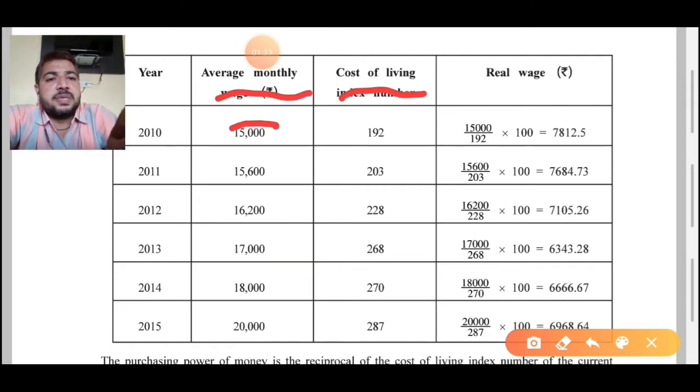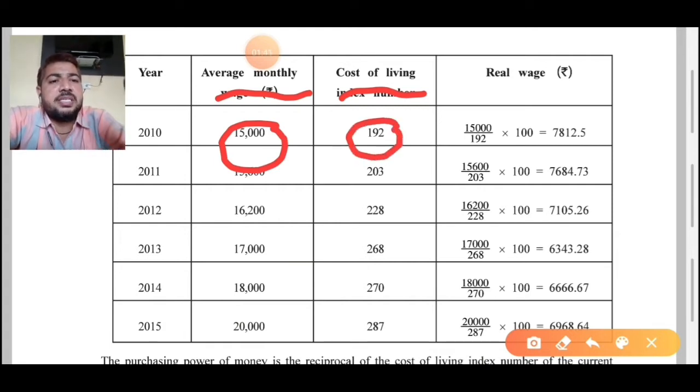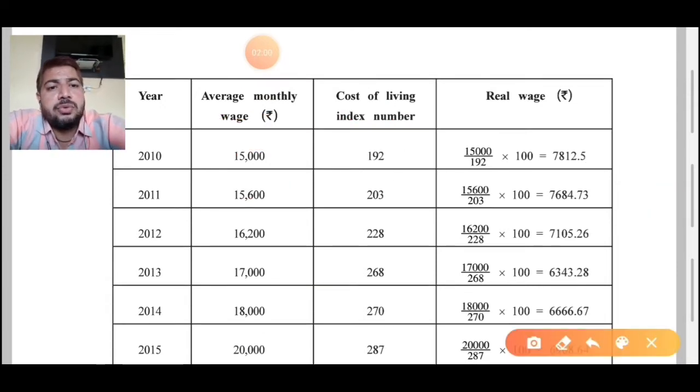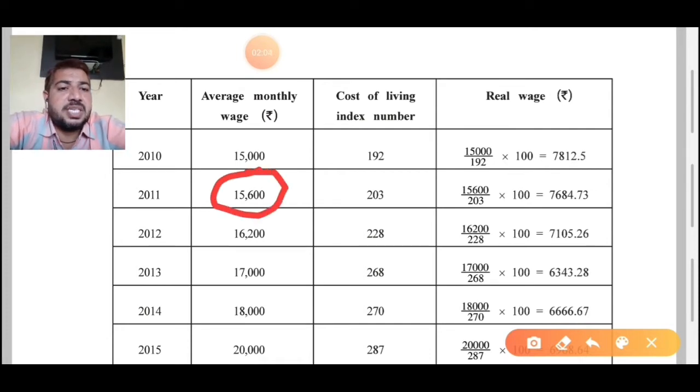So our average monthly wage is 15,000 and cost of living index number is 192. So 15,000 divided by 192 multiplied by 100, we got 7812.5.